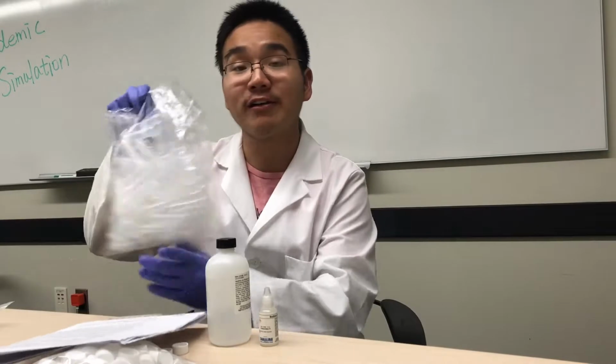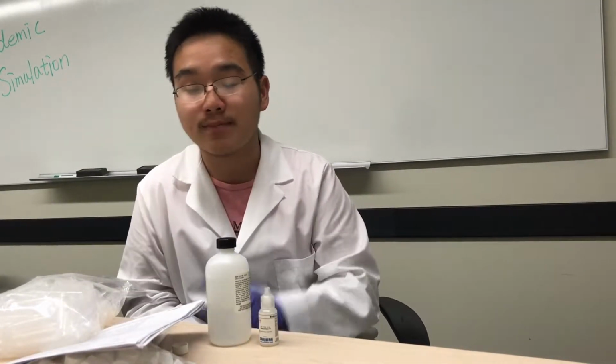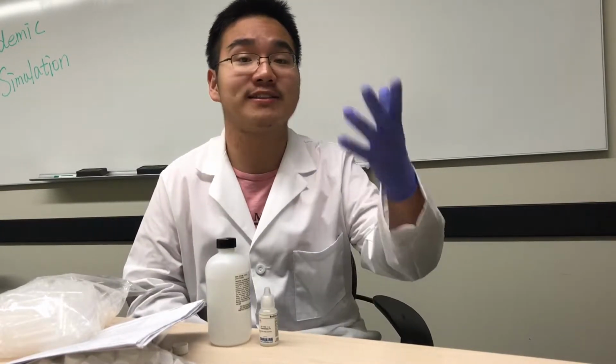I prepared 30 vials and numbered each of them 1 to 30, and I picked a random vial with a random number as the affected vial, and I put that affected vial aside.